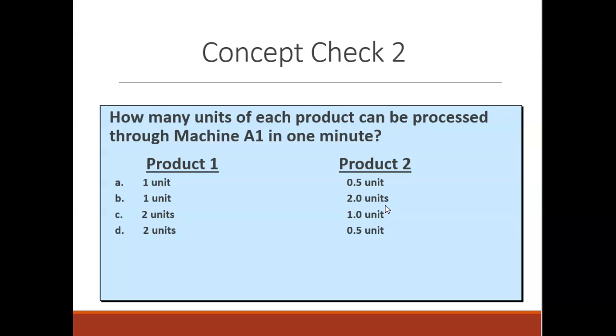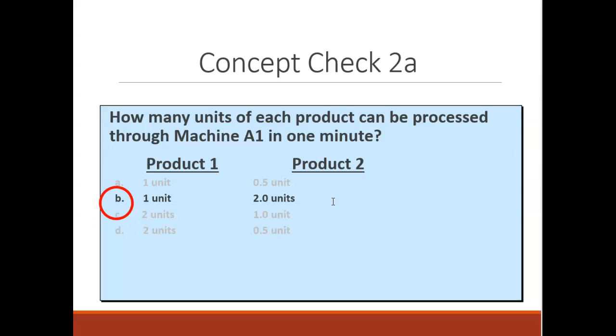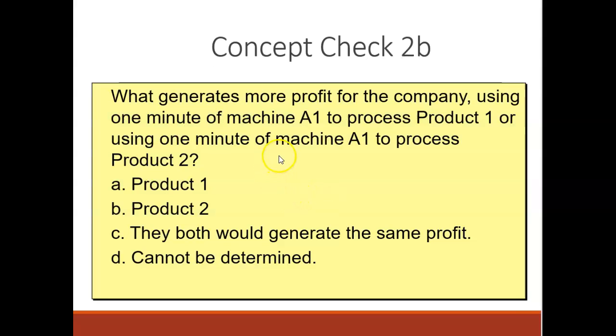Should we focus on product 1 or product 2? This is what we just said: for a minute of A1, we can make 1 unit of product 1. We could make 2 units of product 2, right? So what generates the most profit for the company is prioritizing making product 2 first.